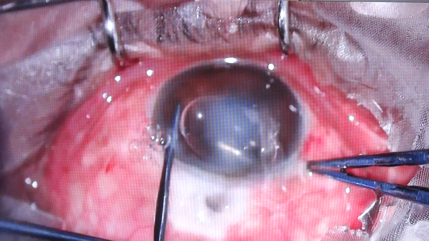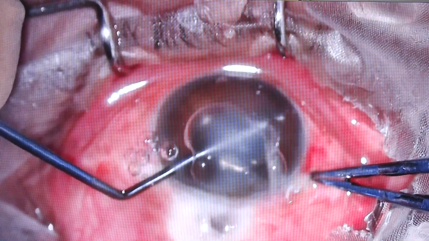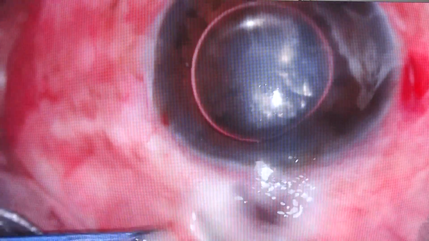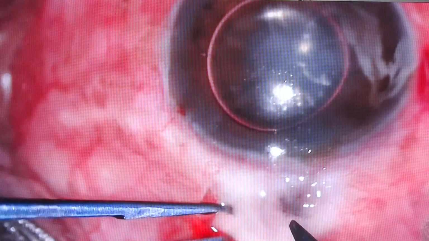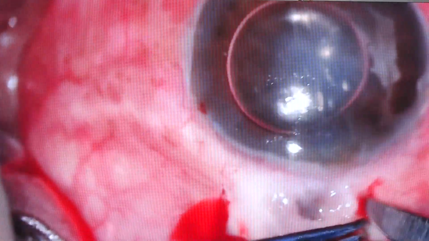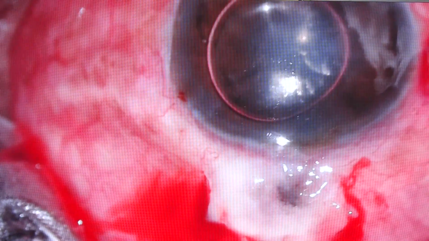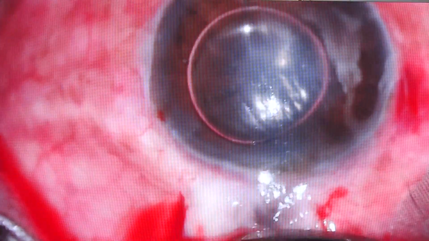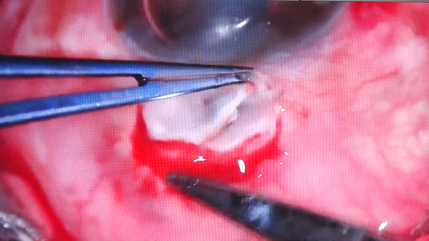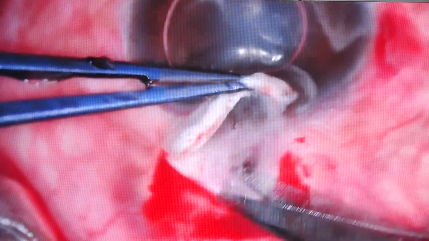Due to long-standing flat AC, a lot of anterior synechiae had formed. Normally, if we have a leaking bleb, we might just remove the conjunctiva and put an amniotic graft as an inlay. But here, the rest of the tissue was quite tough, so I just thought of lifting it up and placing amniotic membrane as an inlay inside.